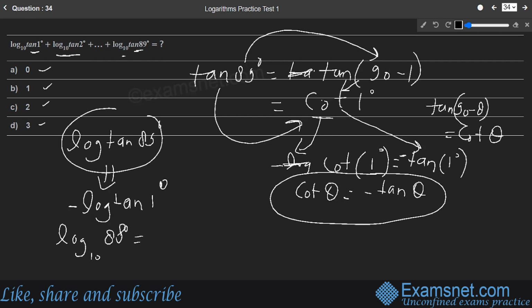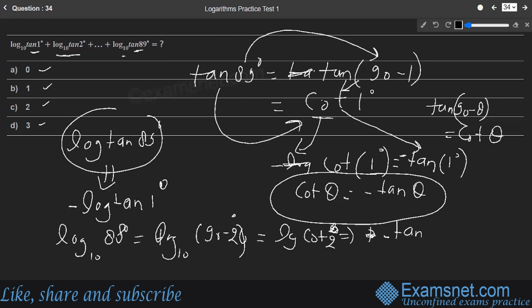In the first step, that would have been written like log base 10 of tan of 90 minus 2 degree, which would have been written like log cot 2 degree, and that would have been written like minus tan 2 degree. So this log tan 88 degree would have been replaced by minus tan 2 degree, like that.